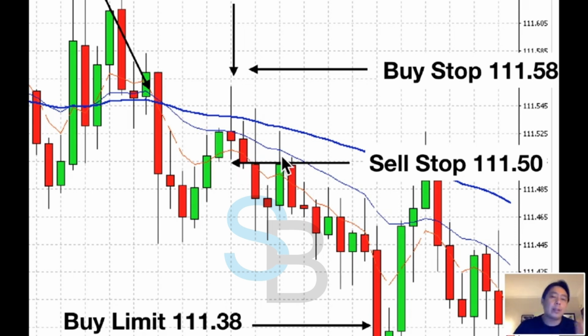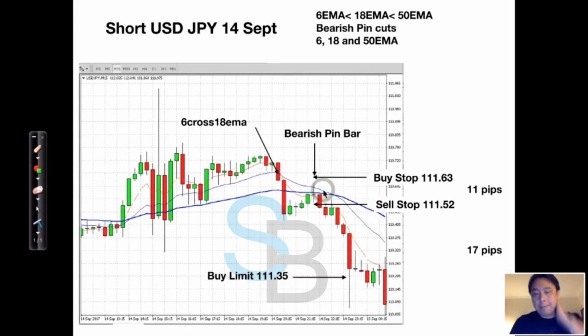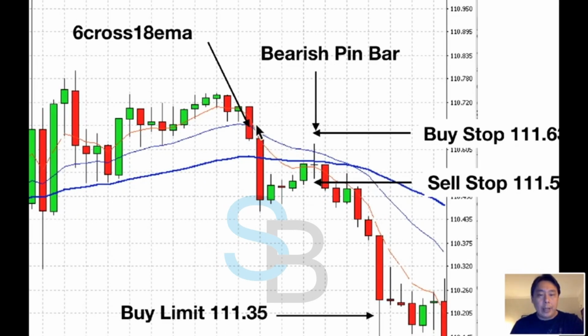So like I said, in Forex, it doesn't go down immediately. It tends to go down and go up and tease you. So if you miss the initial entry, you can still normally get in a while, if it retraces back. Okay, so there we've got the short dollar yen over there. We've got the 6 crossing below the 18. 1, 2, 3, 4, 5.